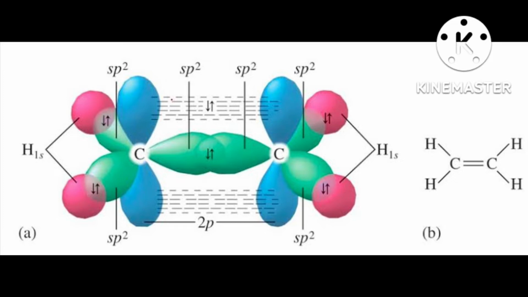It means in the outermost orbit, 4 electrons are there.